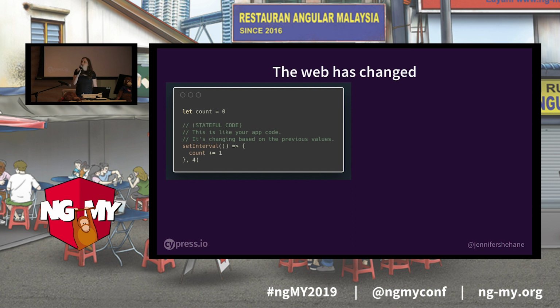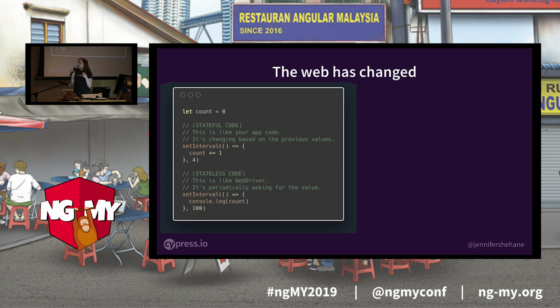In this example, we're using setInterval to just do a count. Imagine this is meant to represent some application code, maybe in the browser, where the count is the state that you're maintaining in an application. Below this, we're logging the value found in the count every 10 milliseconds.